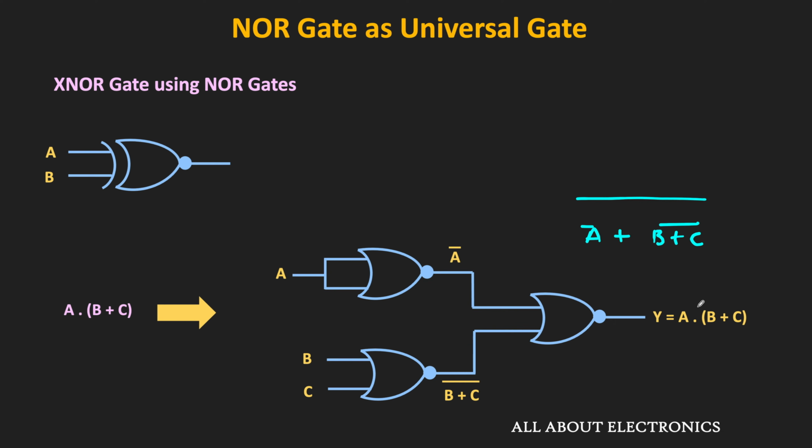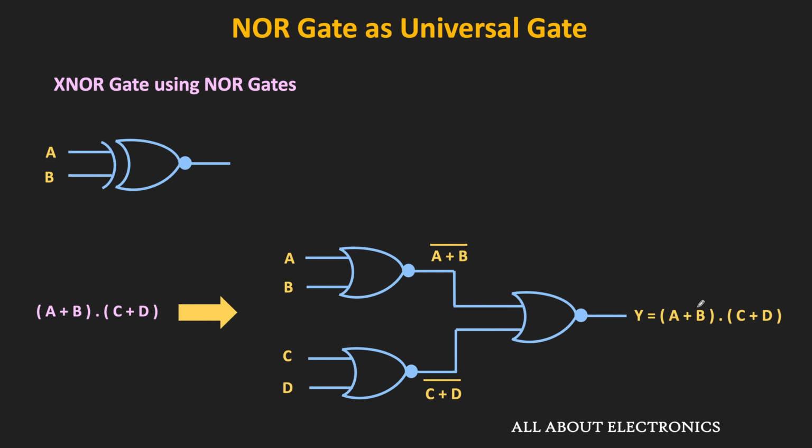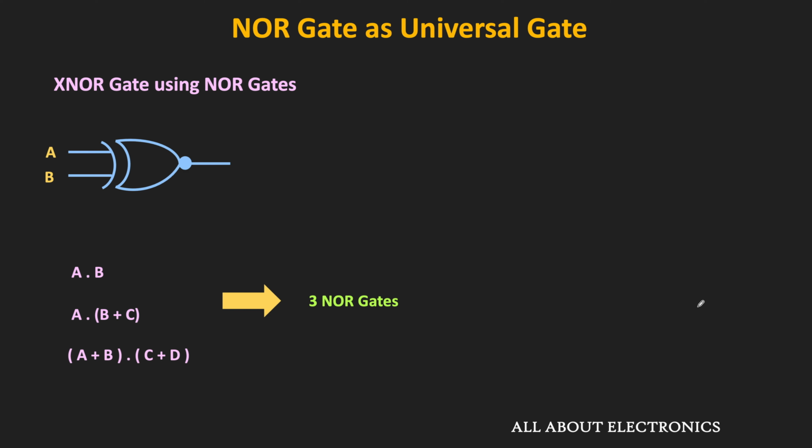Similarly, the Boolean expression A plus B dot C plus D also requires 3 NOR gates. So as you can see, all these 3 Boolean expressions require 3 NOR gates.